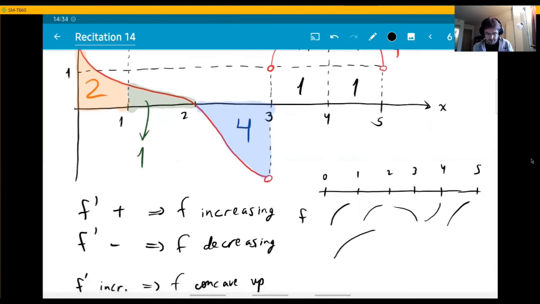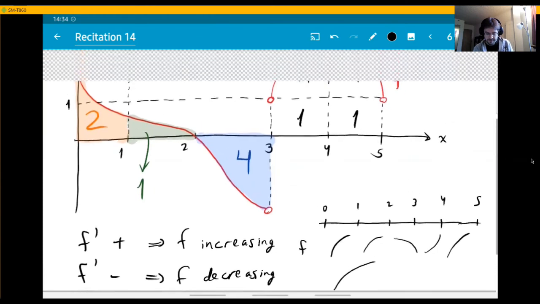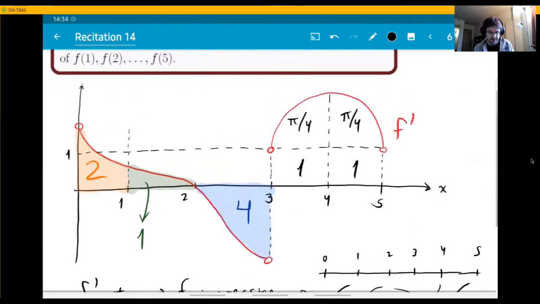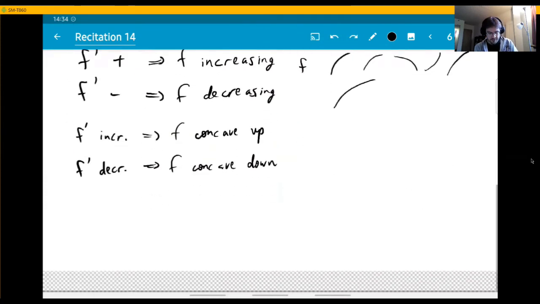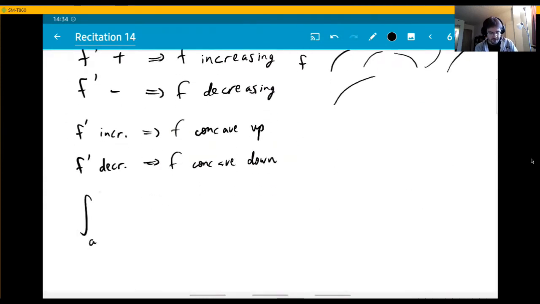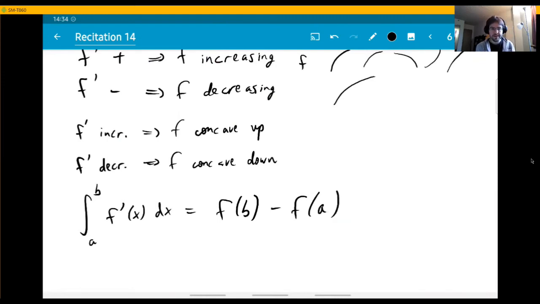But there's one more thing now, the values of f. This time we are able to find the values, these values, on each one of those numbers. And it's going to be by using the areas. How does that work? So you have the fundamental theorem of calculus, which you can write in this form. Remember, this is one of the forms of it.